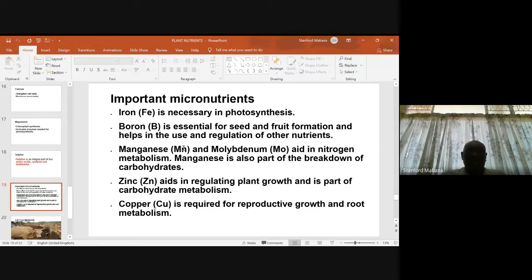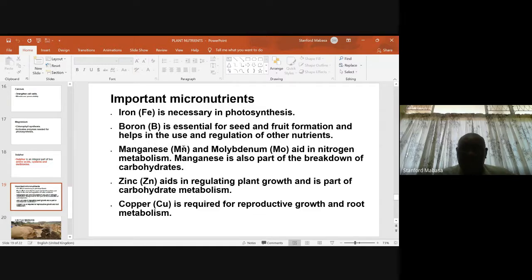Important micronutrients. Iron is necessary in photosynthesis. Boron is essential for seed and fruit formation and helps in the use and regulation of other nutrients. Manganese and molybdenum aid nitrogen metabolism.